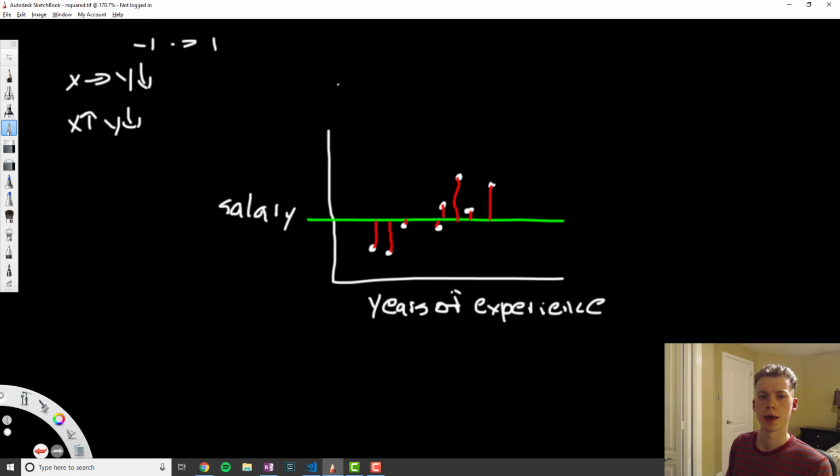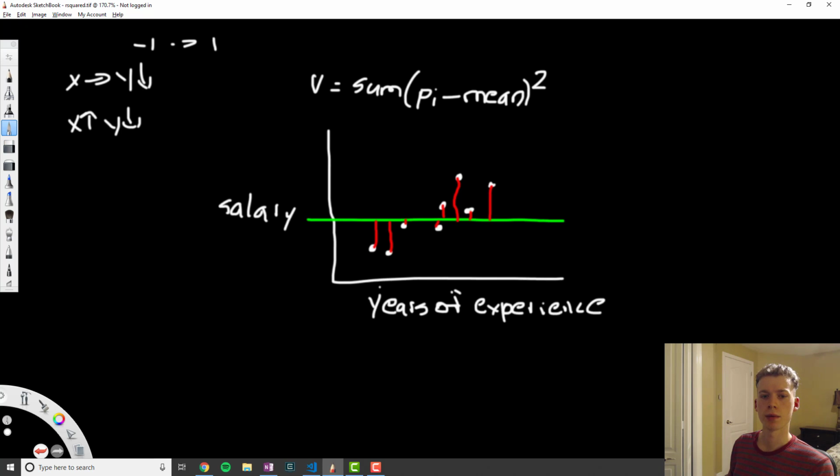The variance of the data set is the sum of all the data points, so let's call this Pi for persons, minus the mean, and we square that. The reason why we square it is because for all the data points below the mean, we don't want those to cancel out with the data points above the mean.